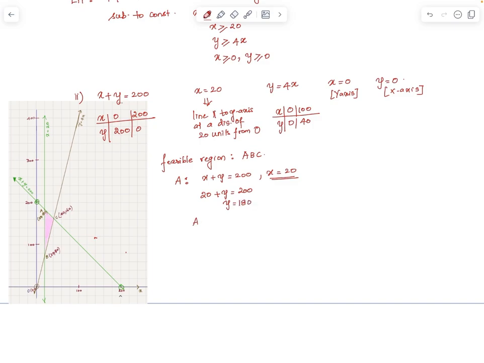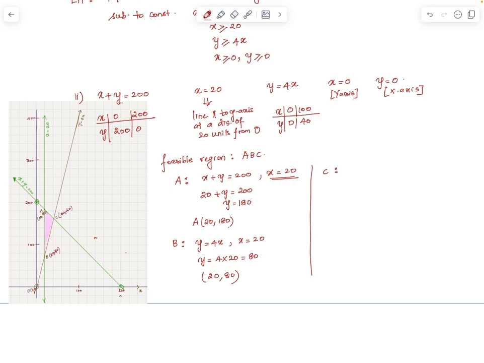The coordinates of A are 20, 180. B is the intersection of the lines y equal to 4x and x equal to 20. Substituting x equal to 20 in y equal to 4x, we get y as 80.